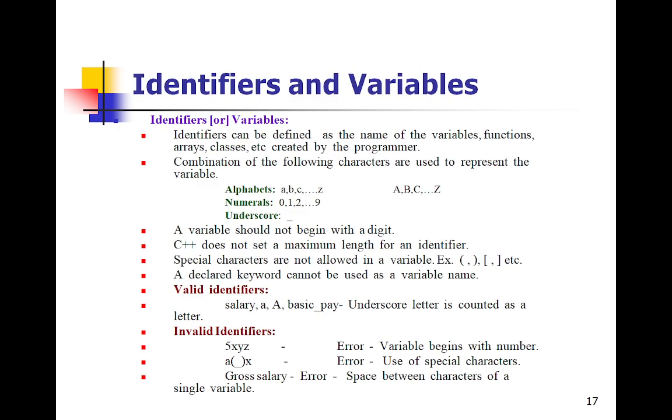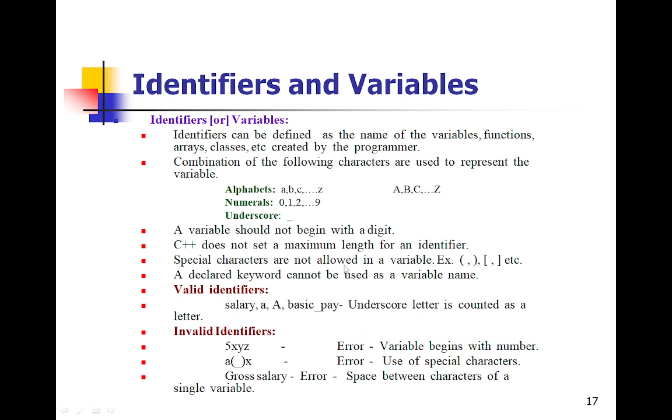Identifiers are the names of variables, functions, arrays, and classes created by the programmers. Whatever variables we declare may be in the form of alphabets, numerals, or underscore, in capital letters or small case.